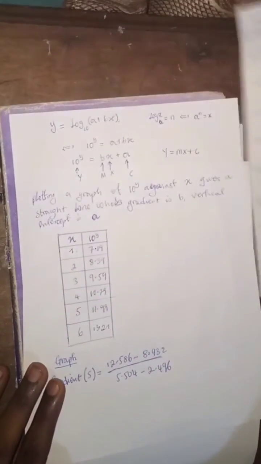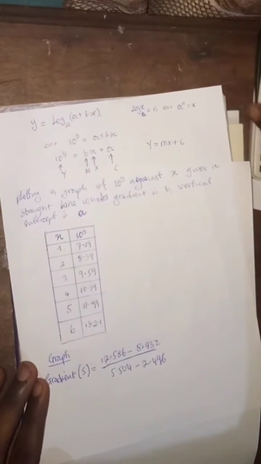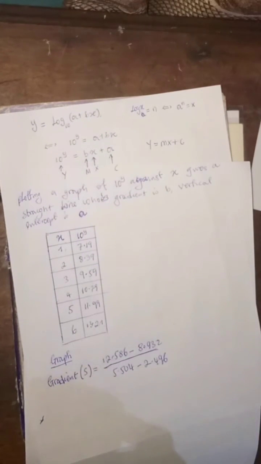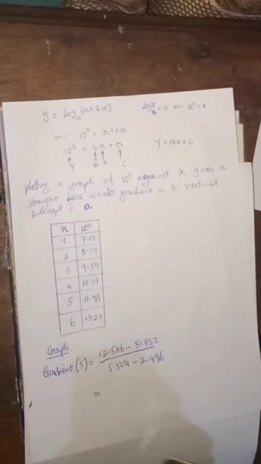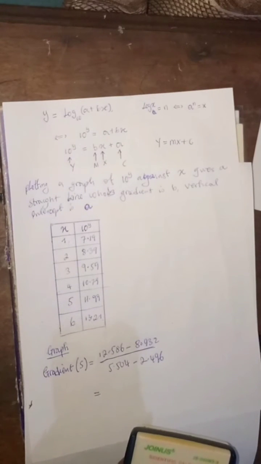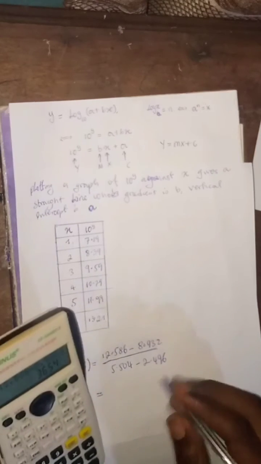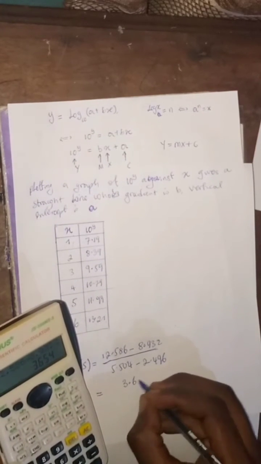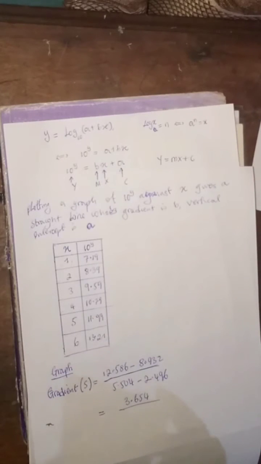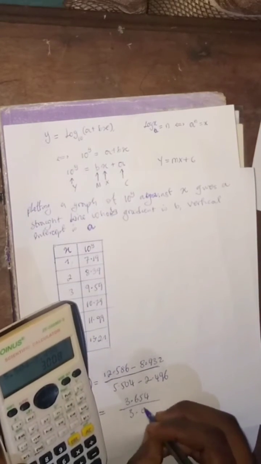You calculate that. Here's my calculator. Let me calculate and see what I get. So I have 12.586 minus 8.932. So I'm going to have 3.654 divided by 5.504 minus 2.496, which is 3.008.